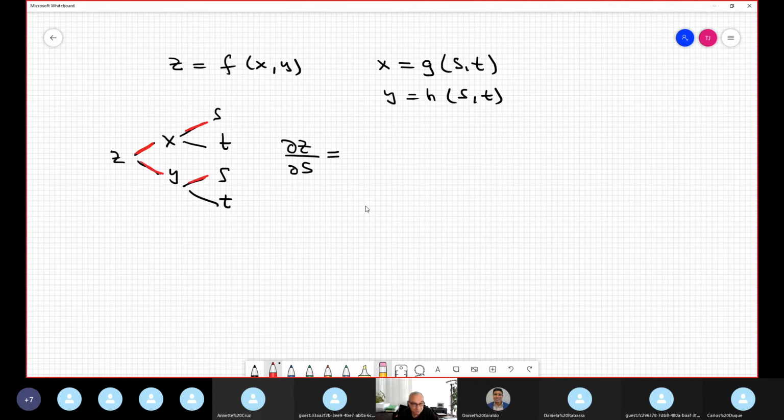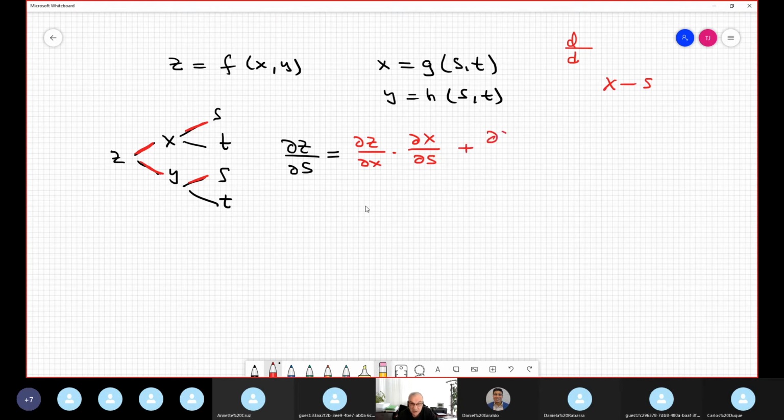And the formula is the partial derivative of z with respect to x times the partial derivative of x with respect to s. In this case, partial. Why? Because x depends on 2 variables, not 1 variable. So you use d when you have, for example, x depending on only 1 variable. With 2, the partial.